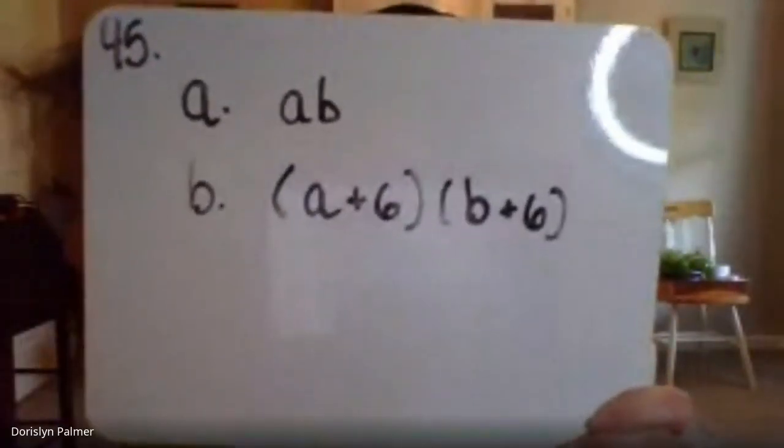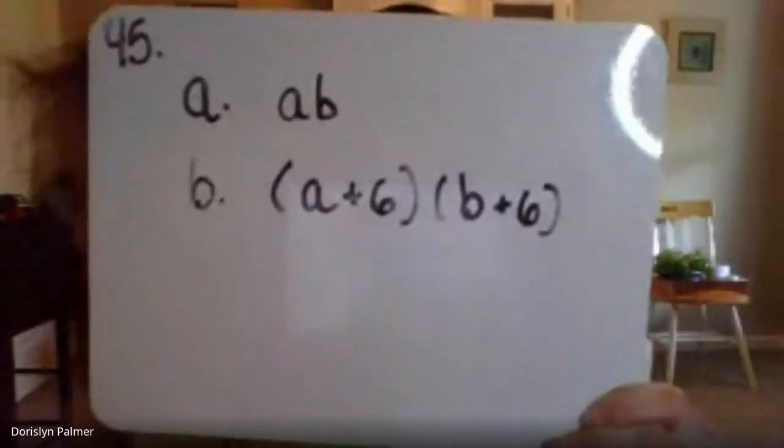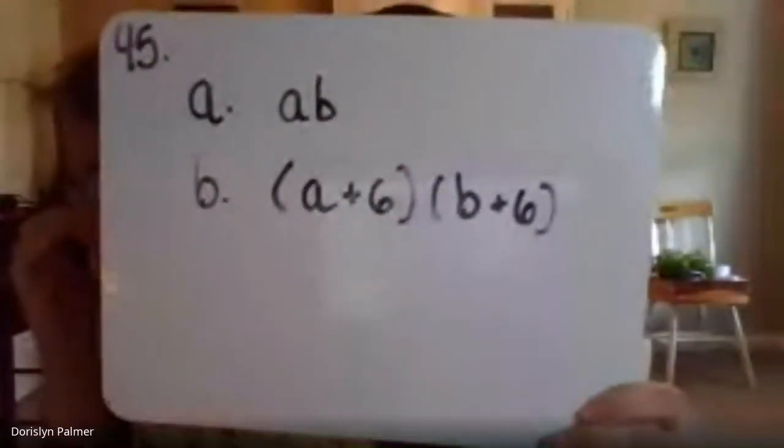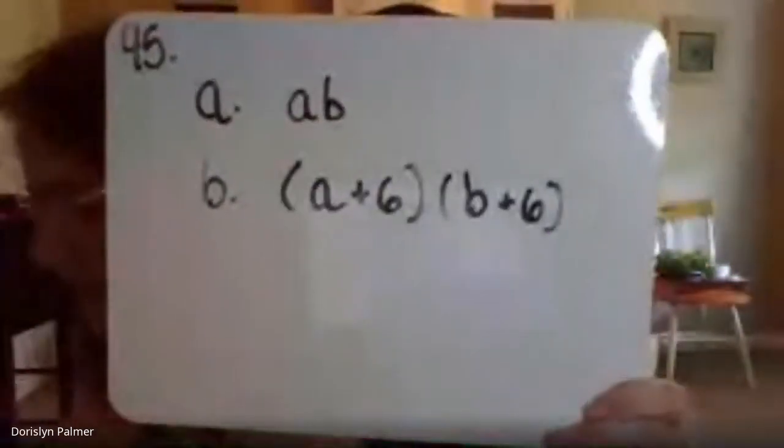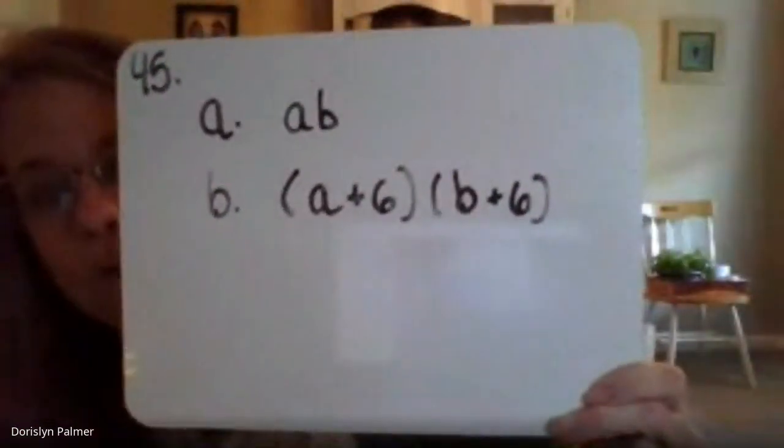Part C said, write an expression in factored form to represent the yellow part. So if I wanted to do just the yellow part, I would take the whole big rectangle and subtract the blue one. Okay? Can I see what I got? Go ahead, Matthew.